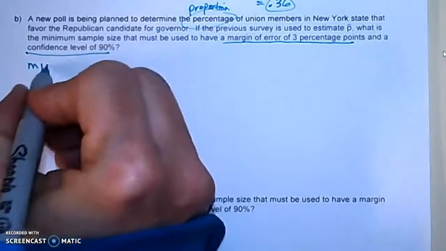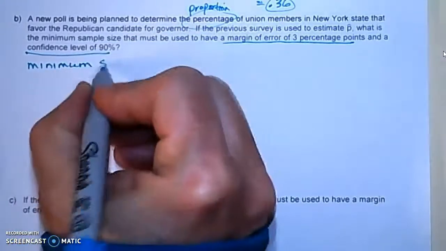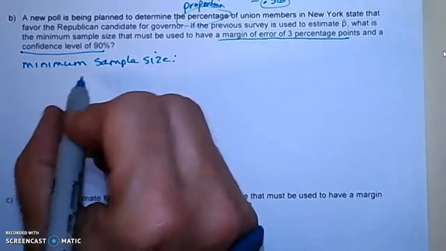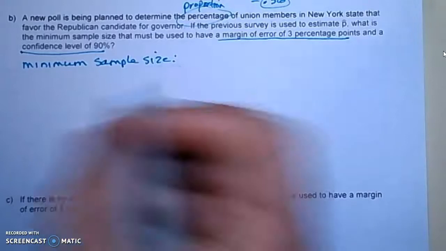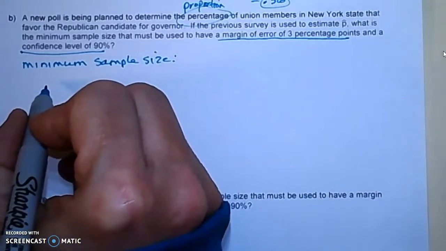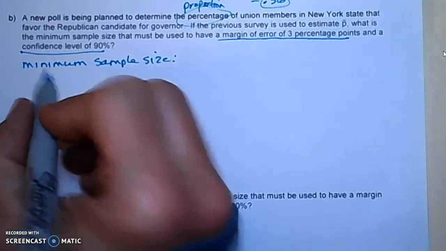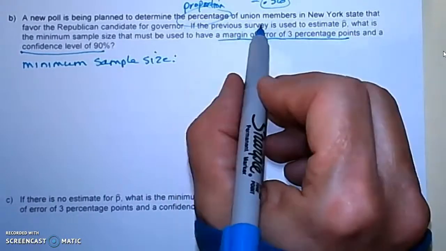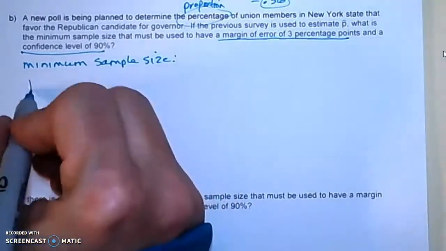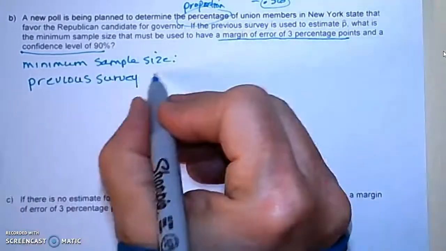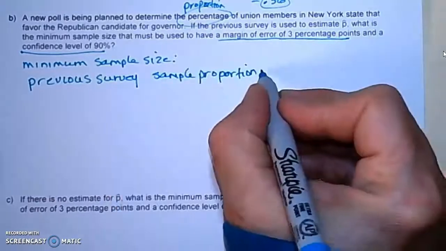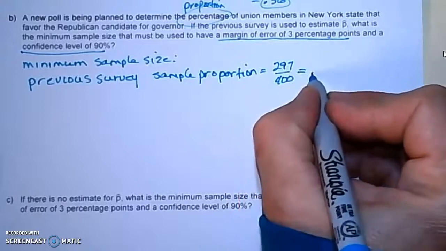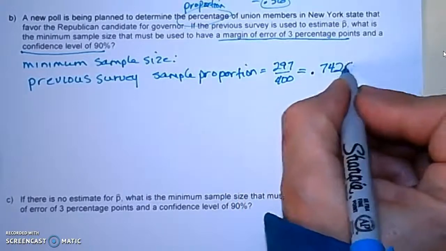That means this is a minimum sample size problem, and we do know that it has to do with a proportion. There were two formulas for this, depending on whether you have a prior estimate or whether you don't. In this one, we do have a prior estimate because it says we're going to use the previous survey. And in that previous survey, our sample proportion was 297 over 400, or as a decimal, that's 0.7425.